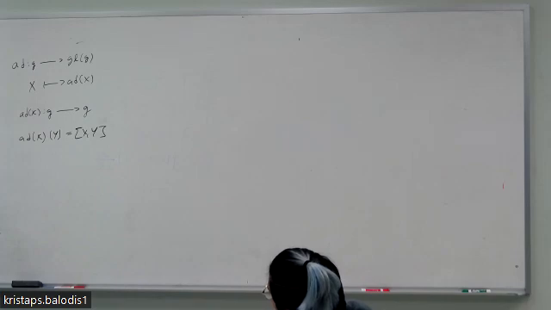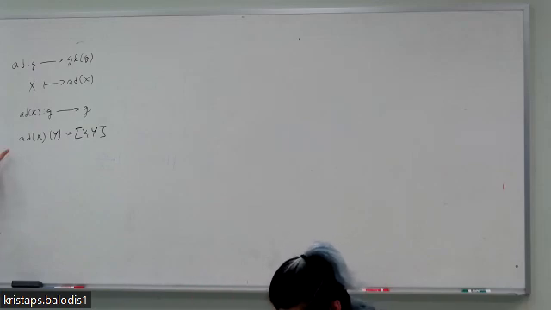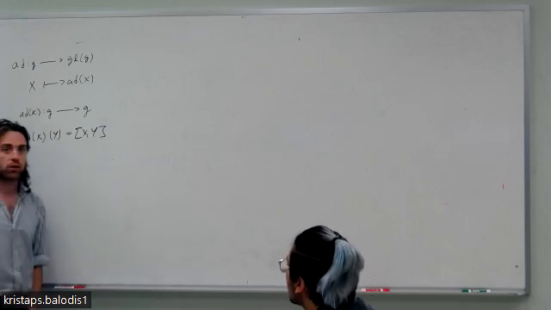Would there be a matrix representation of the adjoint of x? Sure, we could figure out what all of these matrices are.